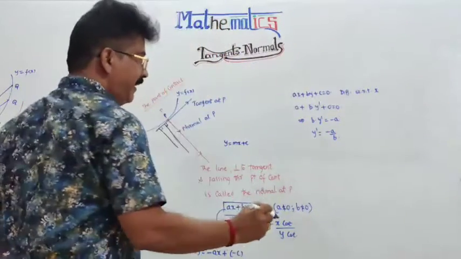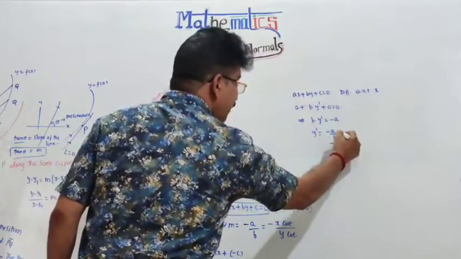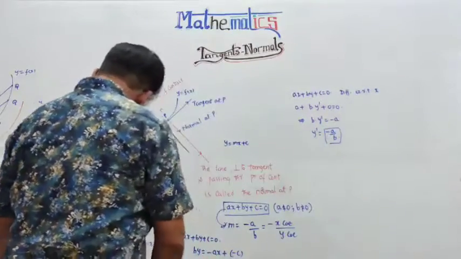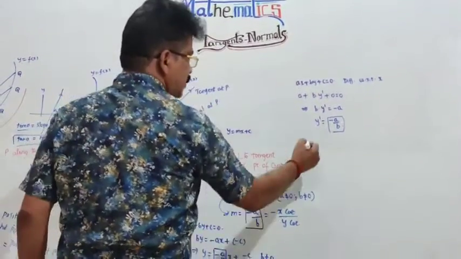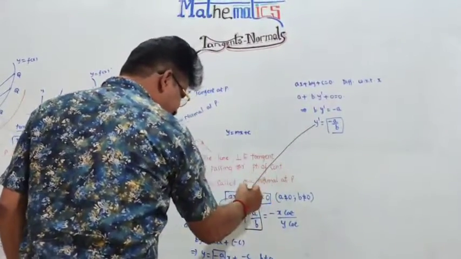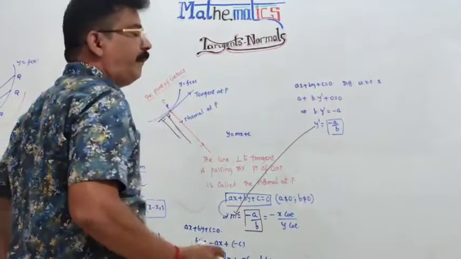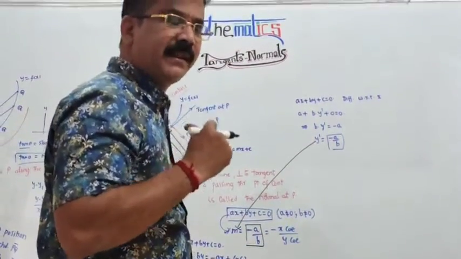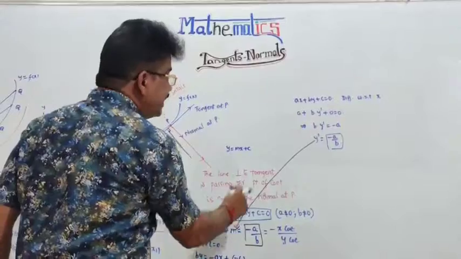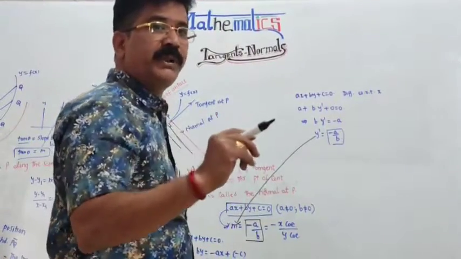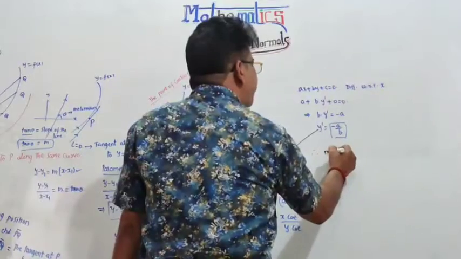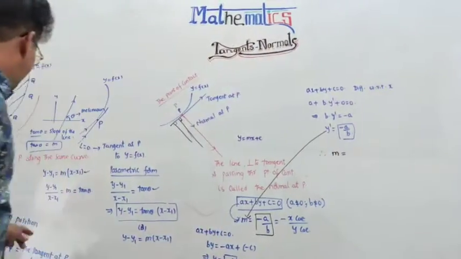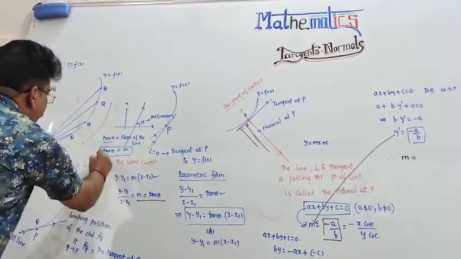Minus a by b. So therefore y dash equal to m. My intention is to show that m is the first derivative. Slope means first derivative. So slope is equal to tan theta here.